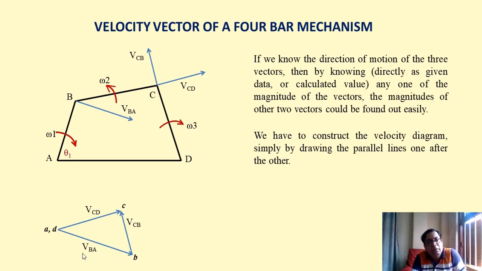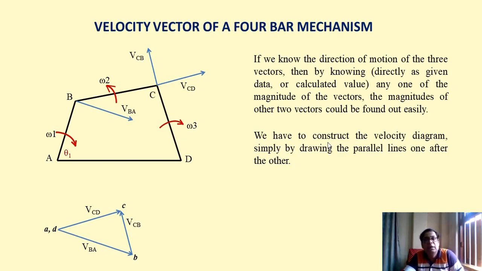Remember, we cannot incorporate 1:1 scale over here. We have to take a suitable scale when we are doing this type of numerical problem in our copies. So 10 meter per second can be reproduced as 10 centimeter, that is from A to B, this length can be taken as 10 centimeter.